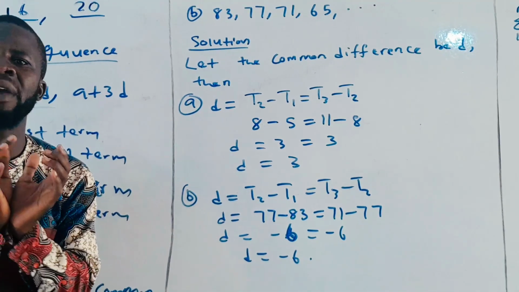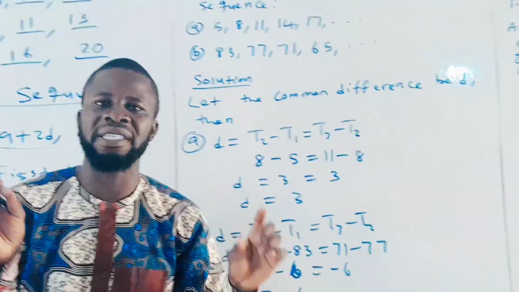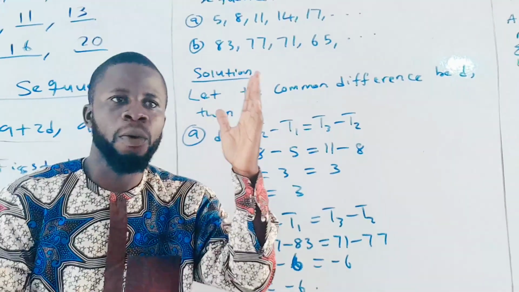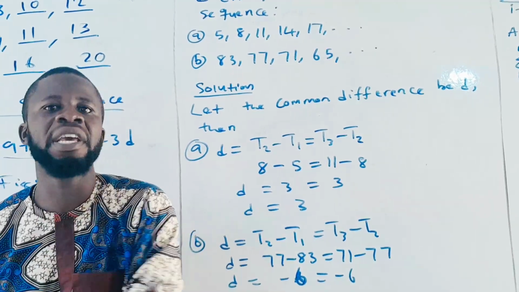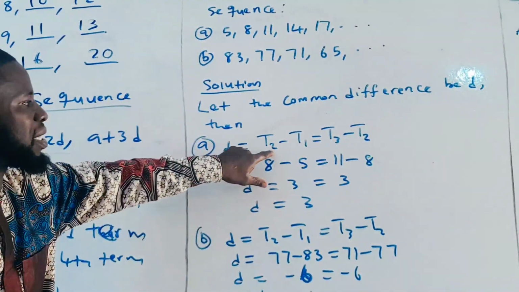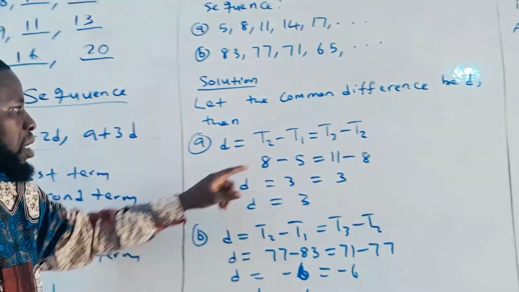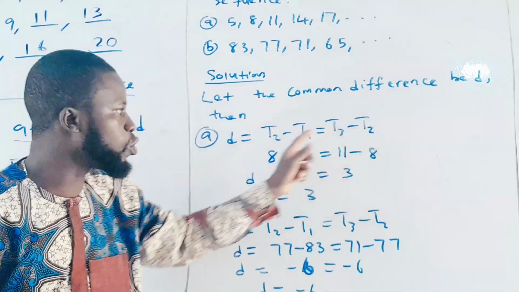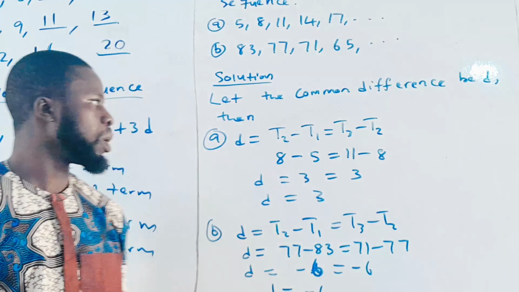The only way you can know whether it has a common difference, especially when you're dealing with an arithmetic sequence, is that d must be the same. When you check, T2 minus T1 should be the same thing as T3 minus T2. That is second term minus first term is the same thing as third term minus second term.